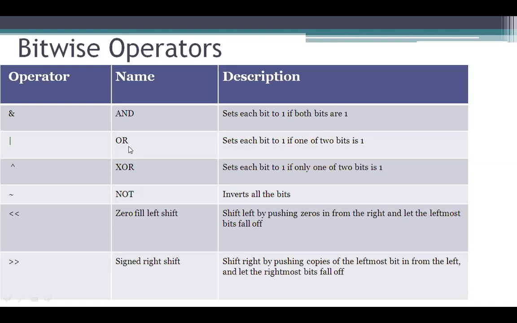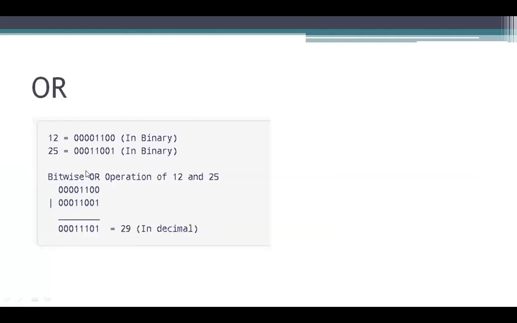Bitwise OR operator. When we apply the OR operation with x and y, what happens? It sets each bit to 1 if one of two bits is 1. If any of the bits is 1, the result is 1. In the earlier case, both bits should be 1 to get the result as 1. But when it comes to OR, if any one of the bits is 1, the result is 1. We can see the example here.